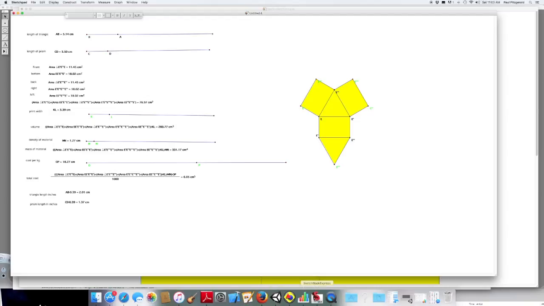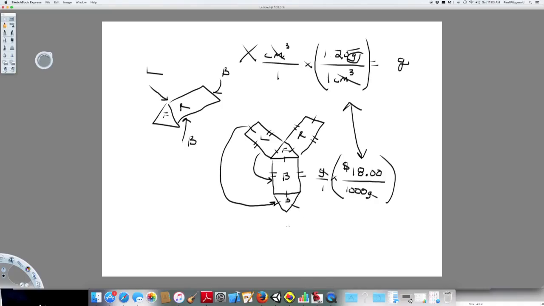And just to be sure that everybody's clear, if we've got, let's say, x centimeters over 1, when we convert it, what we're doing is saying, okay, 1 centimeter is equal to 0.39 inches.